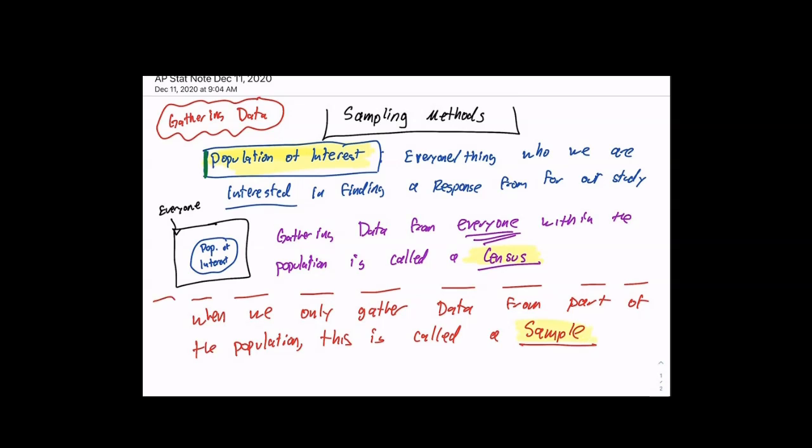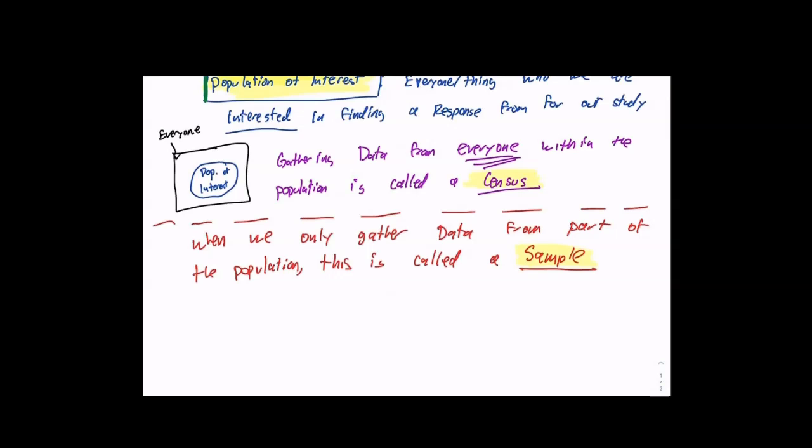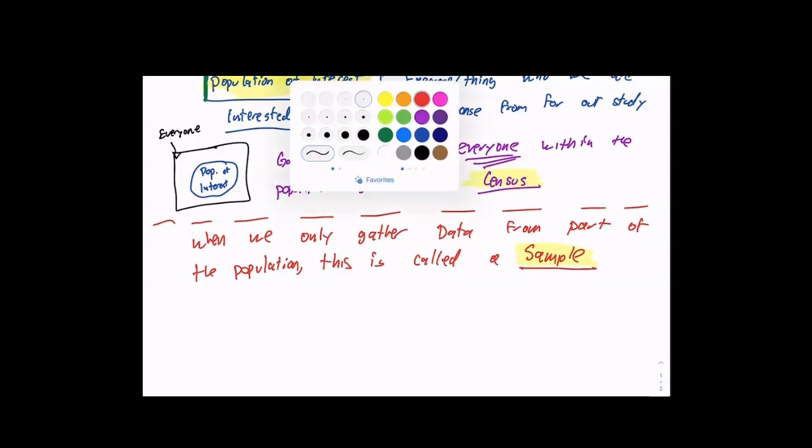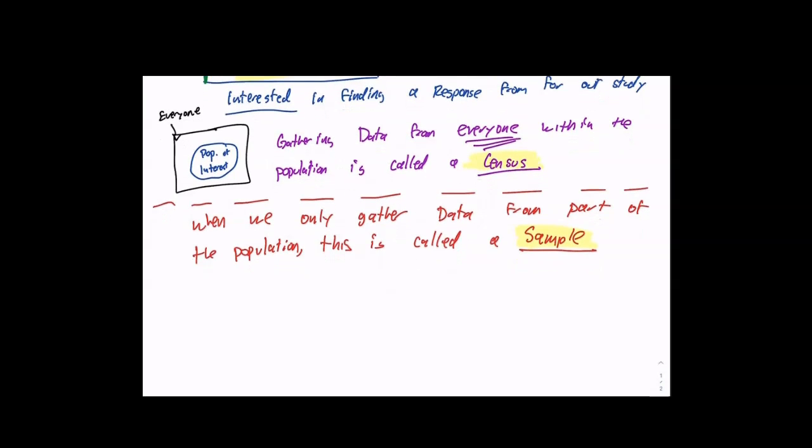So a sample is when you gather data from part of the population. Not everyone in the population, that's a census, but part. Now there are different ways to collect samples, and we're going to get into the different ways that we can take samples and what the pros and cons of each are.